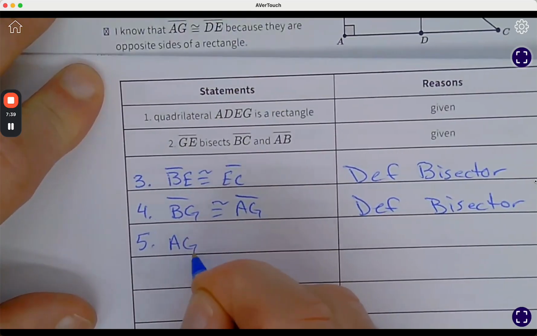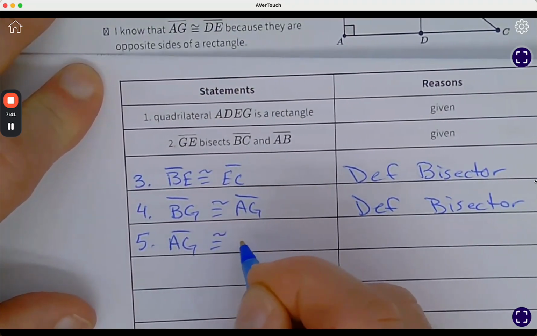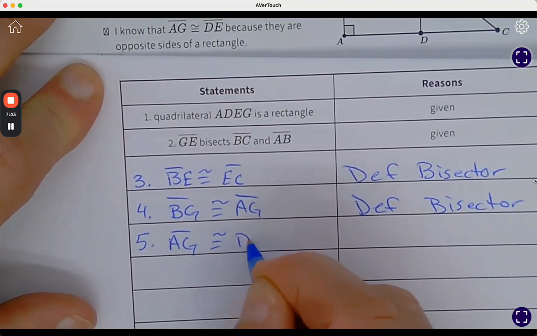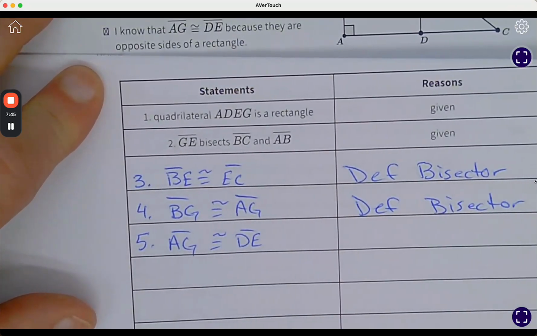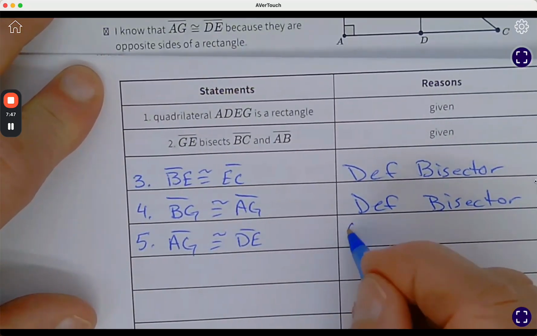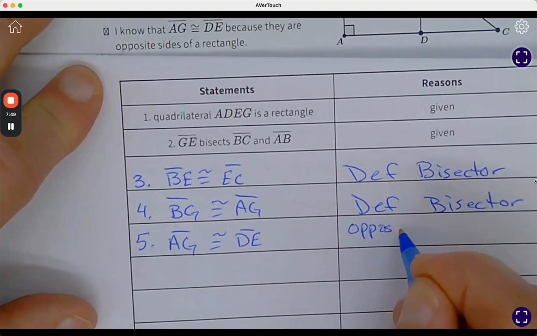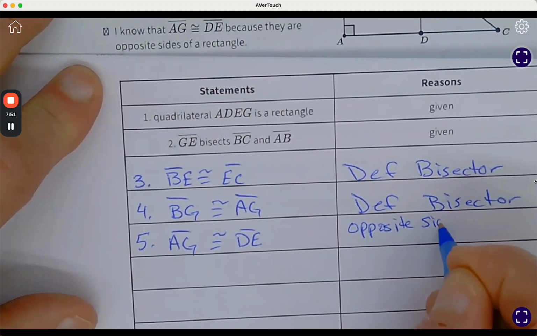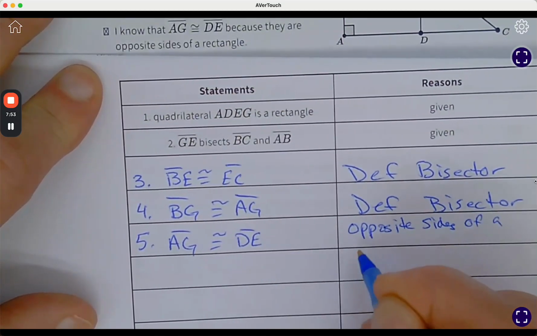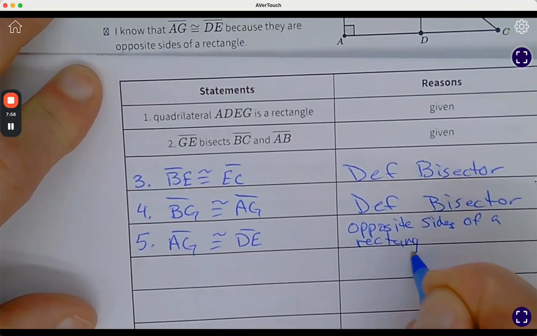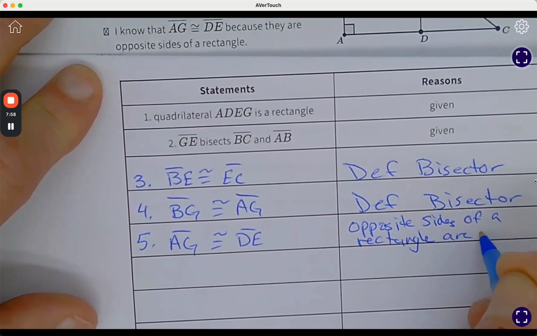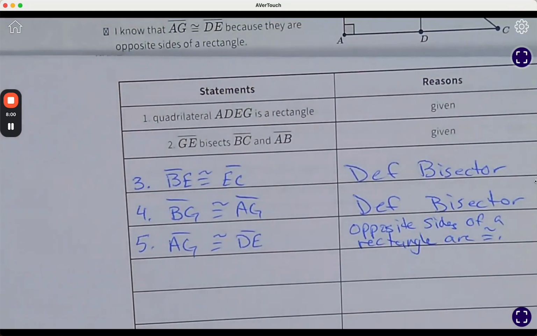So AG is congruent to DE. That's because they're opposite sides of a rectangle. Opposite sides of a rectangle are congruent. We know that's true. They're parallel and congruent.